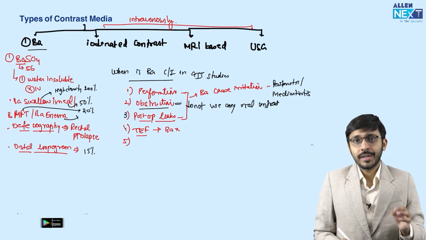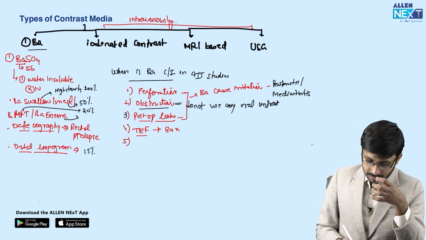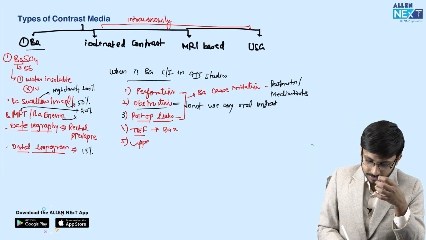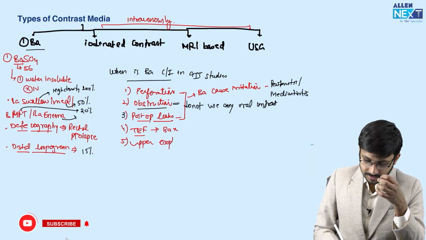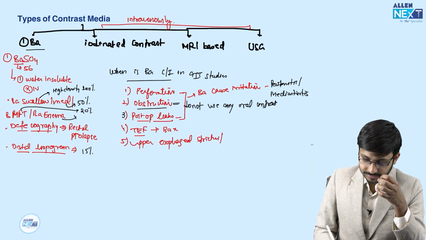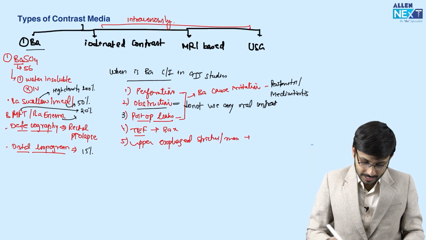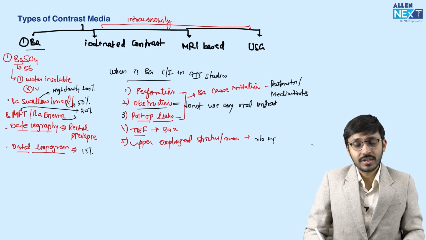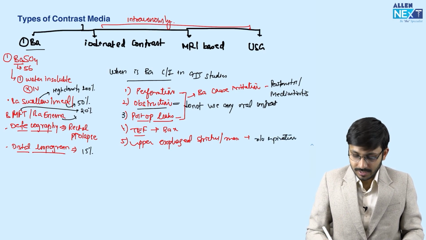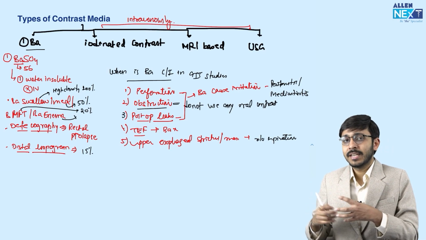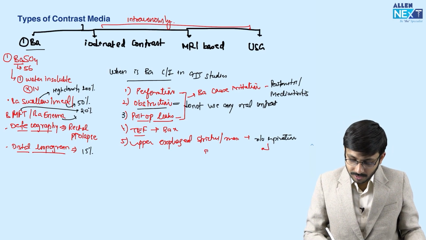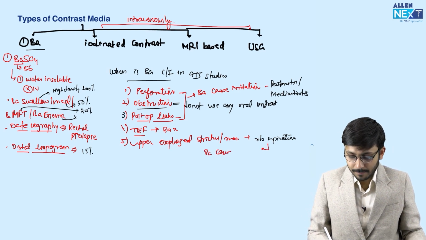Now the fifth pointer is, if there is an upper esophageal stricture or mass, there is higher risk of aspiration. So due to higher risk of aspiration, barium is not used. Why is barium not used with aspiration? Because barium can cause pulmonary edema because it is an irritant.